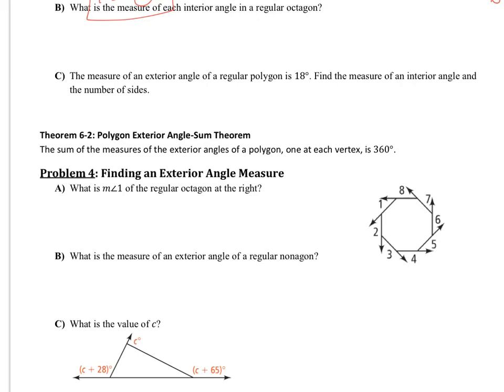C is a little bit more tricky. It's saying the exterior angle of a polygon. An exterior angle, if I jump ahead to this picture quick, would be an angle created on the outside. So this would be the interior angle, this is the exterior angle. I could figure out the interior angle by doing 180, because a straight angle is equal to 180, minus 18.